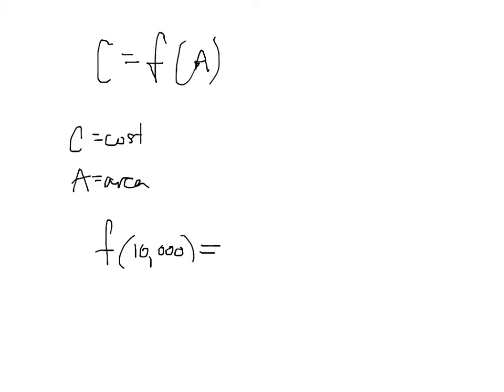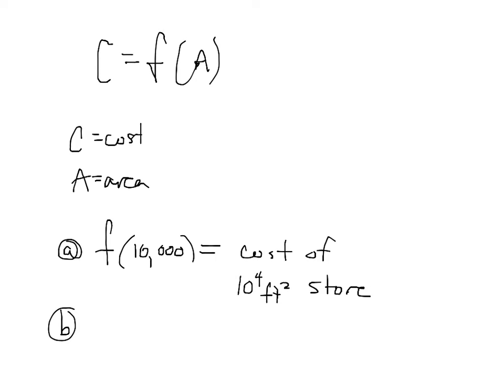It would be the cost when the area is 10,000 feet. Yes, I agree. Cost of 10,000. What's that? 10 to the 4th. Okay. So this is like checking for a pulse.